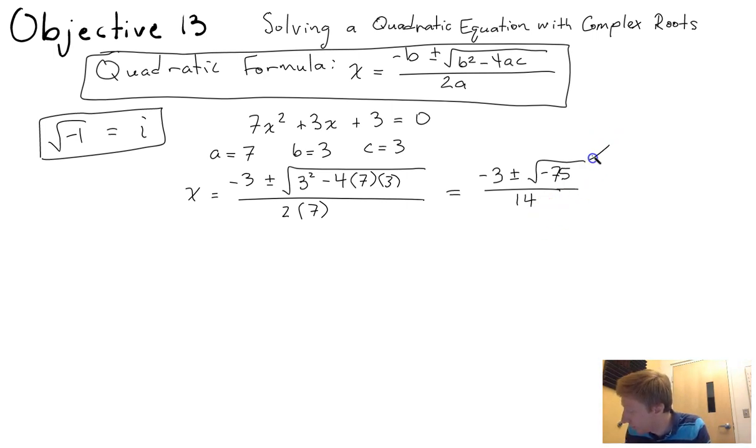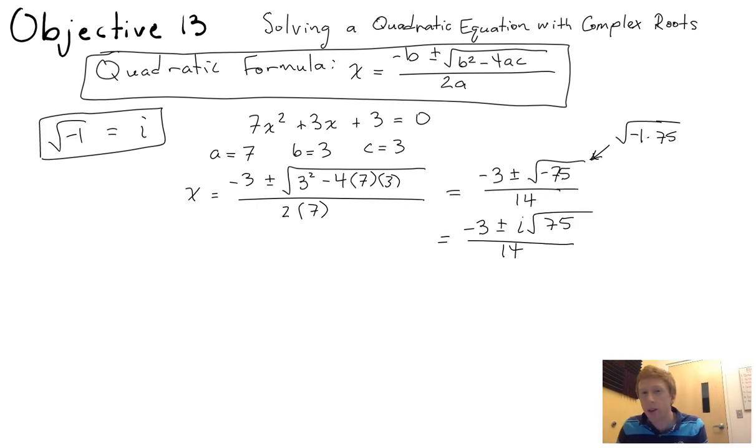With the square root, you could say this is equal to negative 1 times 75 in the square root. We can pull that negative 1 out of the square root as i. So this is equal to negative 3 plus or minus i times the square root of positive 75, divided by 14. Now we can simplify the square root and find our final answers.